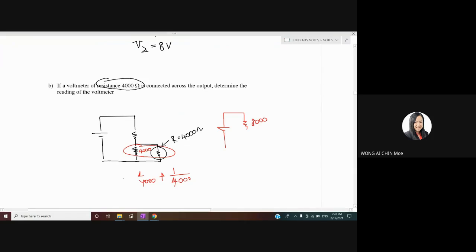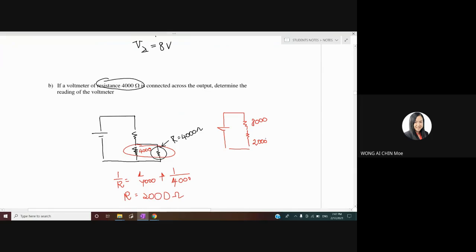So your R will become 2,000. If we simplify it, here will become 2,000 ohm only.